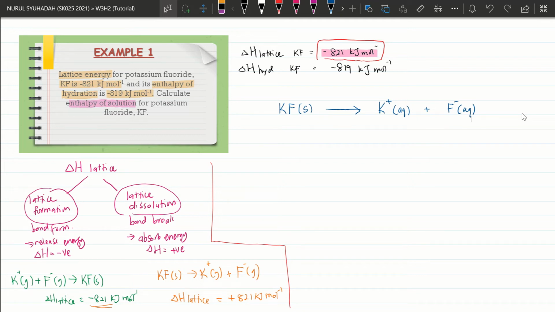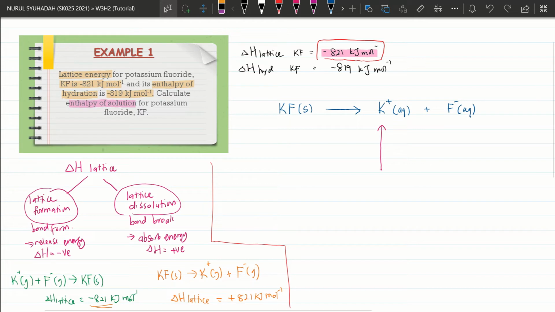Okay, now, the next step, to complete our cycle, what you need to do is just under each ion over here, we're going to write down the gaseous ion. So since you have K+ up here, here you have K+, so put an arrow.